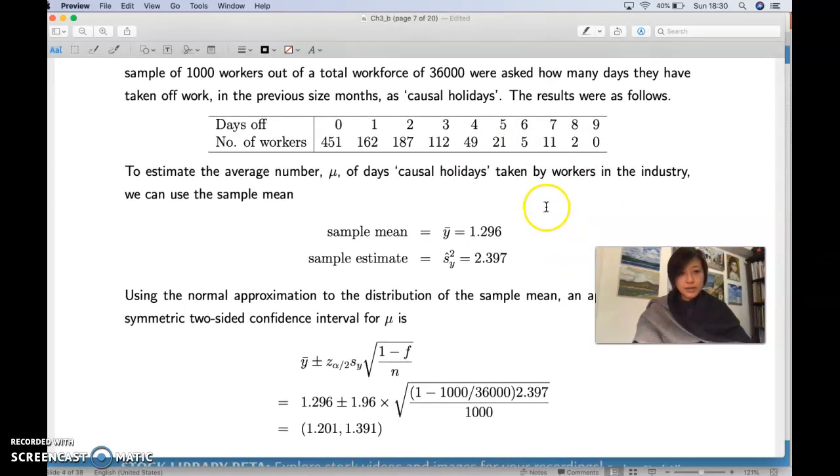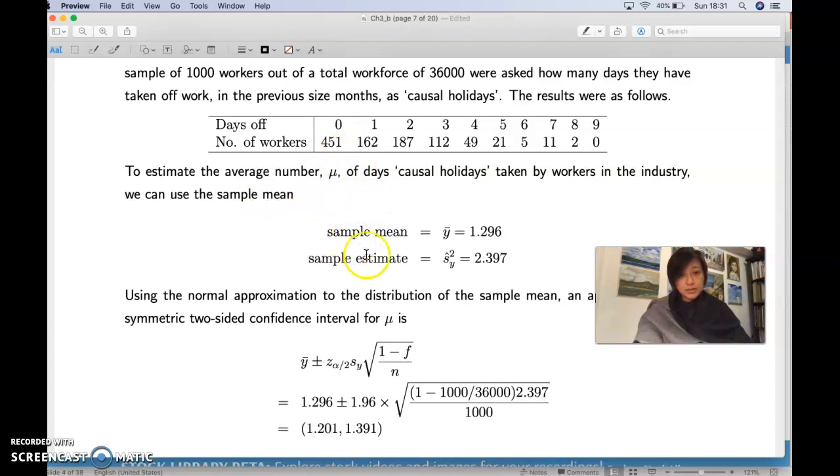So we can calculate the average number of days, or we can call it the casual holidays taken by the workers. We can multiply the number of days by how many workers are taking that number of days off.